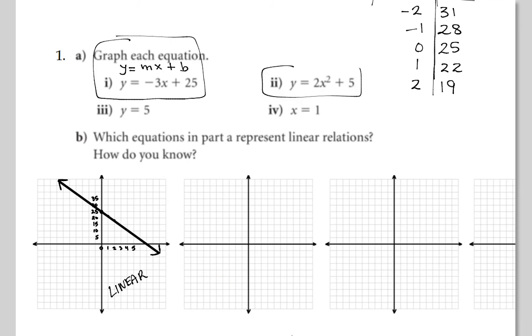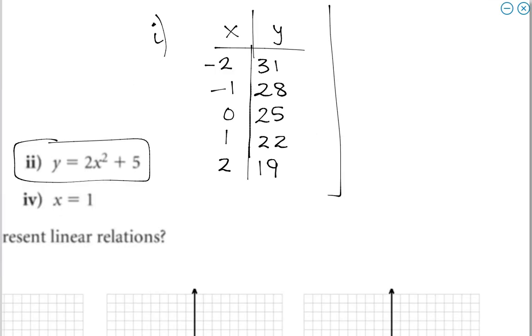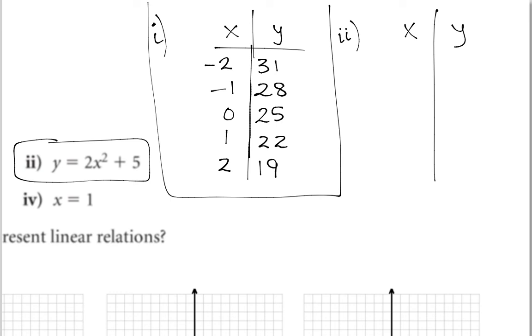Okay, let's try the next one. This one's going to be a little bit harder. Okay, for double I, do you see how I chose these x values? Let's just choose those ones again. It gives us a sense of what's going to happen around the origin.